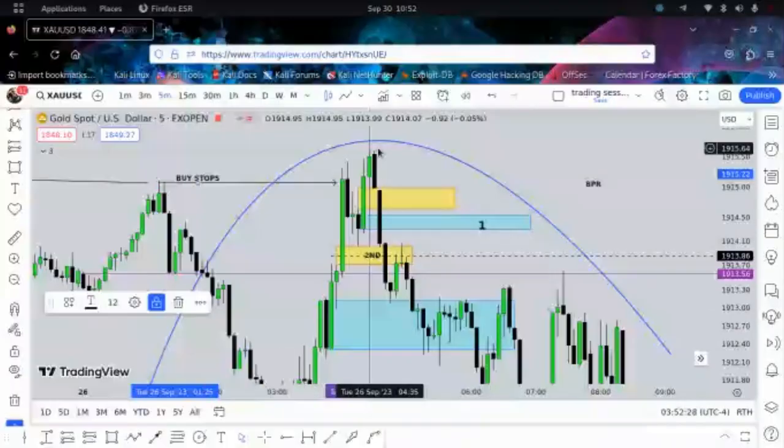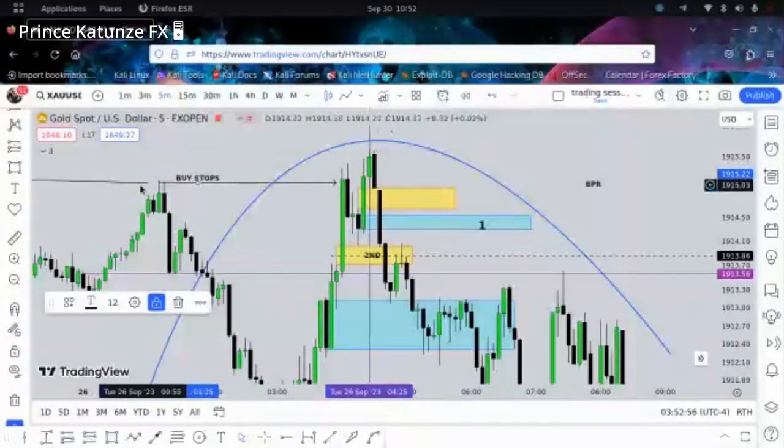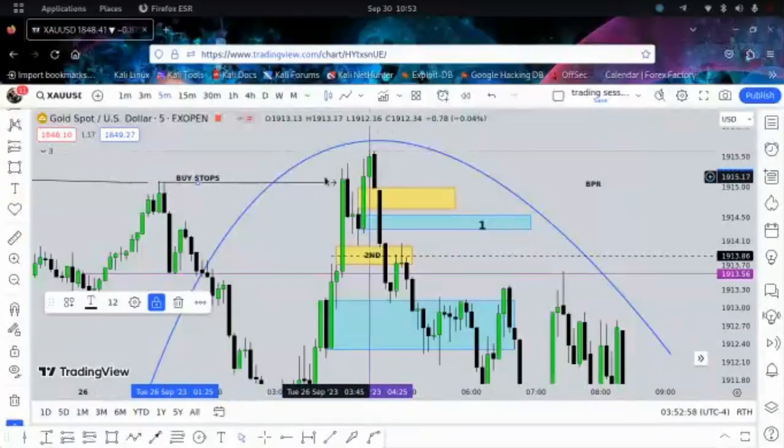I remember in the previous session when Fahad was showing his analysis, he showed a pair where, if you actually missed this stage, price had already run these buy stops. And he was like, the moment price runs on these buy stops, there is no reason why it is going to come back here. So you don't expect price to go back to this zone.